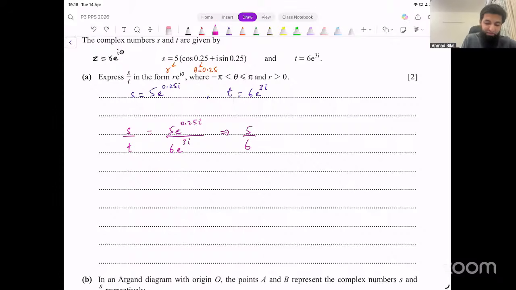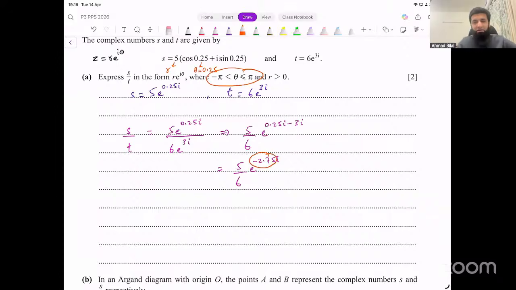Since the bases are the same, powers get subtracted, and we get e raised to power 0.25 iota minus 3 iota. Now you can see what that turns out to be: 5 over 6 e raised to power minus 2.75 iota.